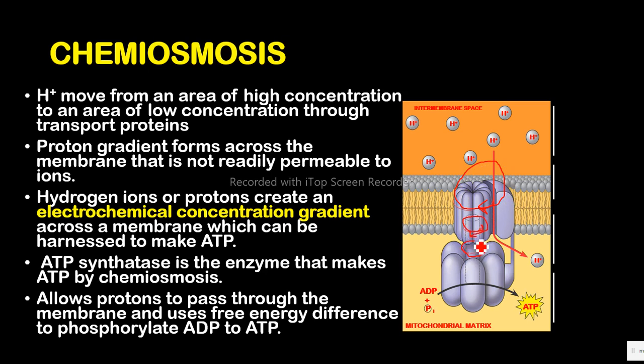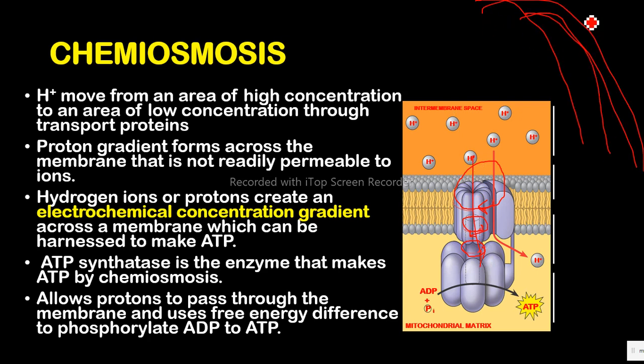Now since you have a very high concentration of hydrogen ions in the intermembrane space, it creates a high electrochemical gradient, or you can say a proton potential gradient, between the intermembrane space and the mitochondrial matrix. So as these protons are diffusing through, it's like the falling of this water. You can imagine the mechanical force that they will have.